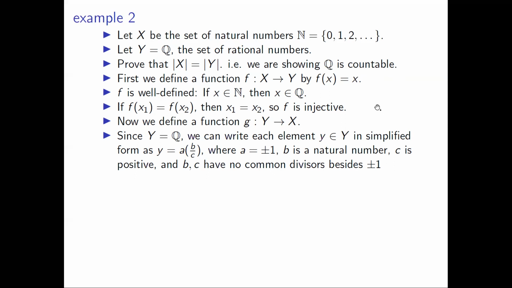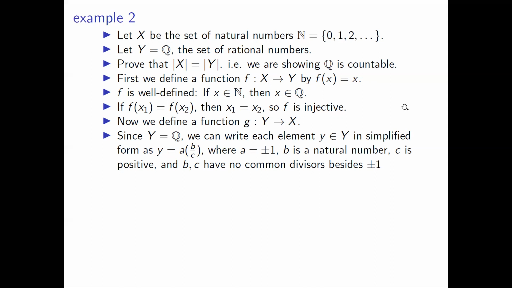And b and c have no common divisors besides plus or minus 1. So we know every fraction can be written in simplest form. So this is just the simplest form for it. a is telling us the sign, and b over c is giving us the numerator and denominator, their absolute values.